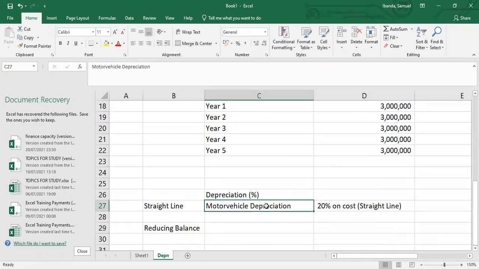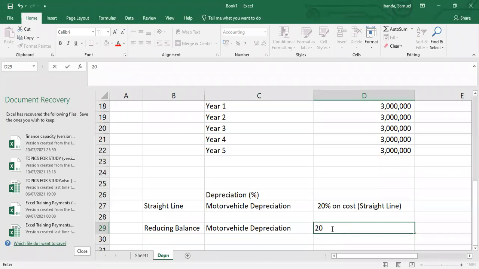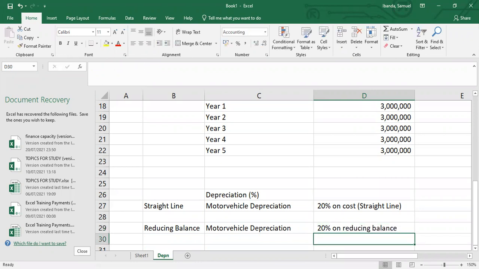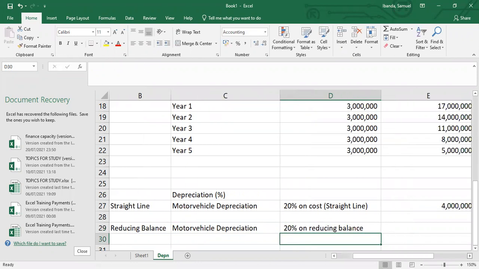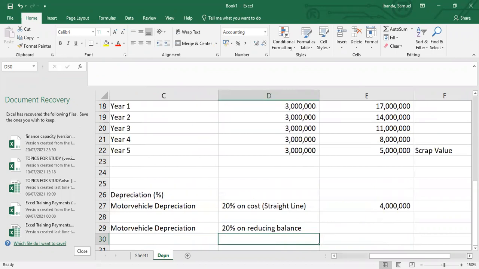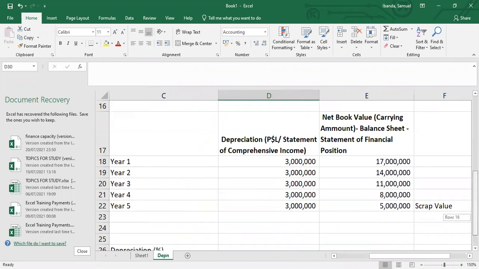So if this is still motor vehicle, and then they say depreciation is 20% on reducing balance, what would that mean, if this was our motor vehicle?